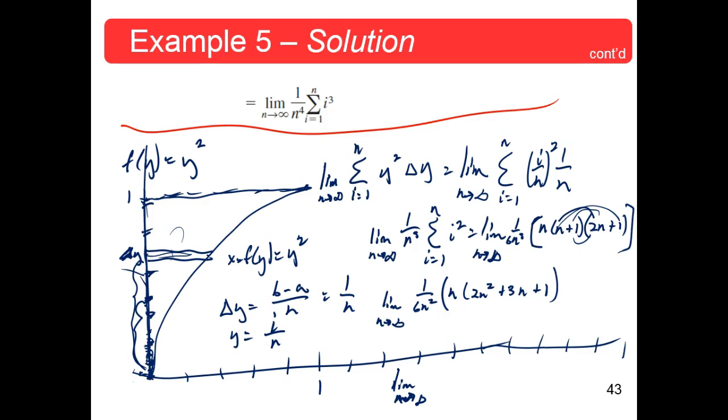Multiplying n times that, this would be the limit as n approaches infinity of 1 over 6n cubed. That's a cubed. I don't know how it became a square. And then this will be 2n cubed plus 3n squared plus n.